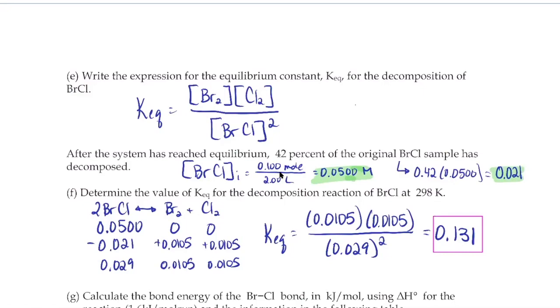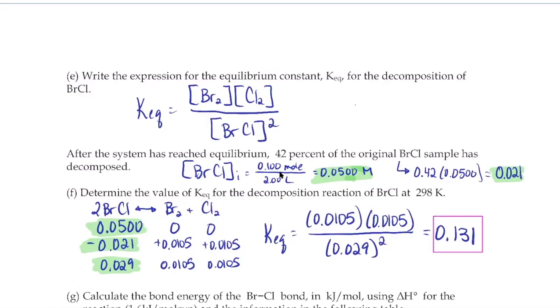So then we can plug those numbers into our ICE table. We know the original molarity of the BrCl. 42% of that number is how much is leaving, which means we have 0.029 left of that BrCl. On our product side, we always start with 0 products unless they tell you otherwise.